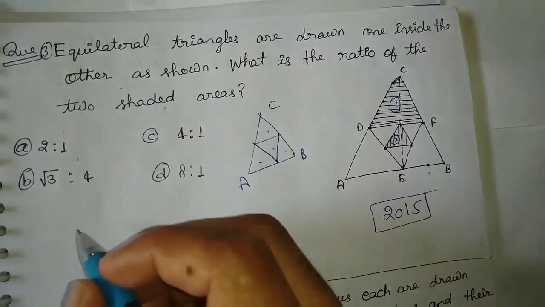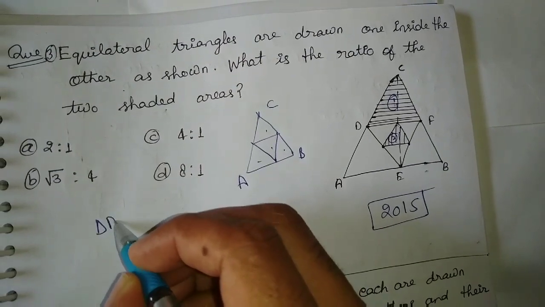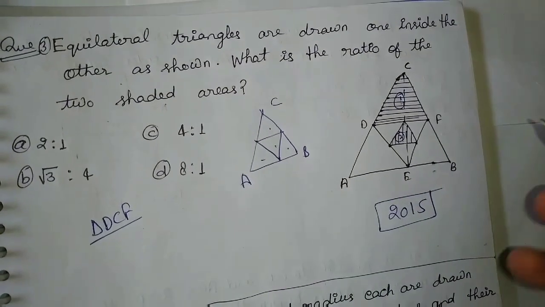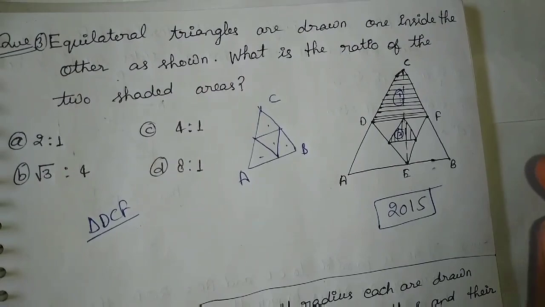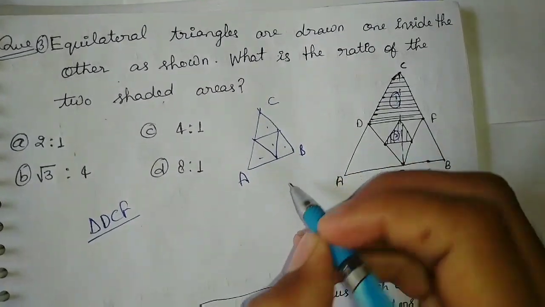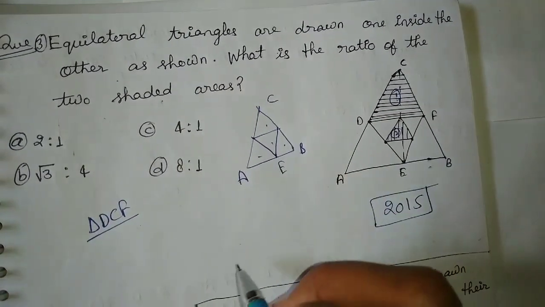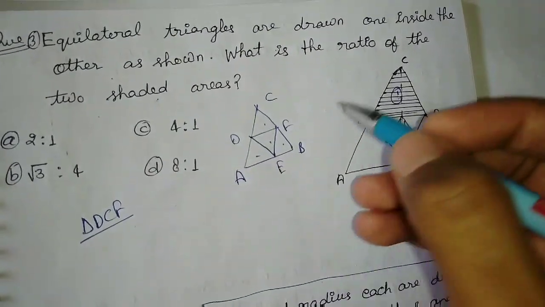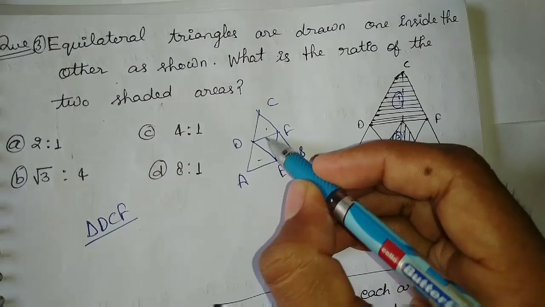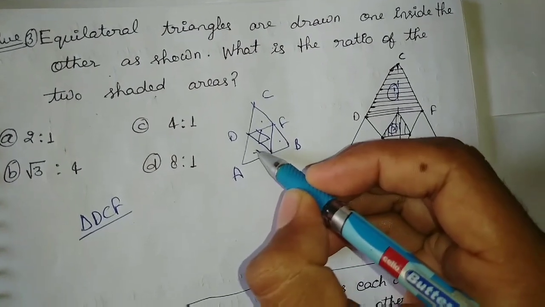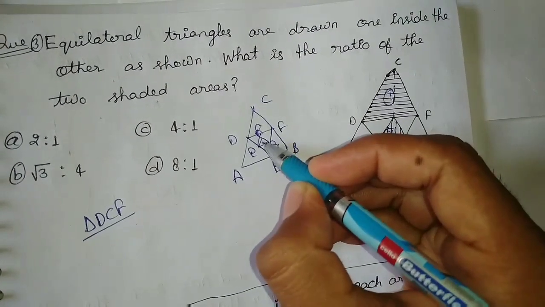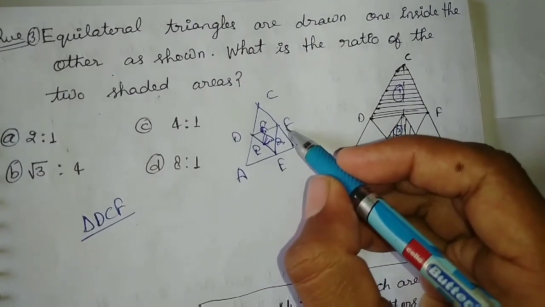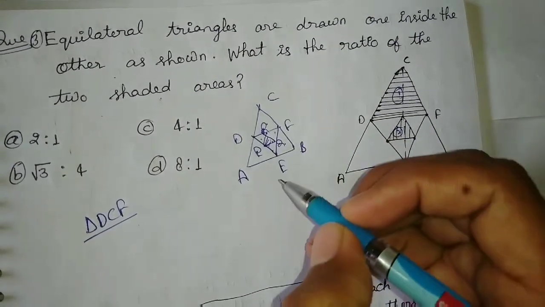So one part of this triangle is triangle DCF. Now in these 4 triangles there is another triangle EFD, and this is again divided into 4 parts. Say these are the points P, Q, R. So this triangle is divided into 4 parts: 1, 2, 3, 4.